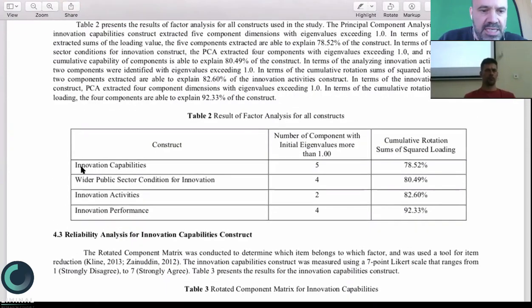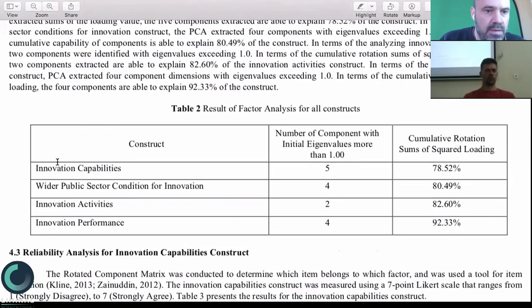Innovation capability. You all see this here? Innovation capabilities. Now, what we want to make sure is, are we really measuring what we're supposed to measure? What does that mean? Are the constructs of innovation capabilities valid? Is that what we're supposed to measure?